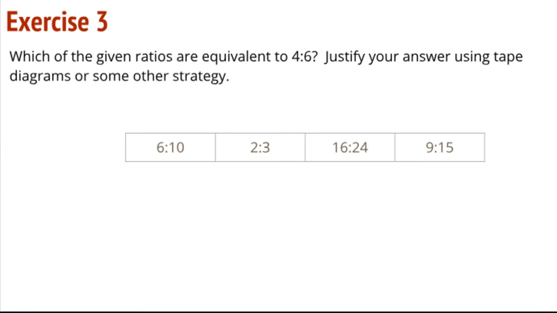Well, the first one I'm going to take a look at: we've got 4 to 6, and I want to look at this 6 to 10. This one's tricky. What can I multiply 4 by and get 6?